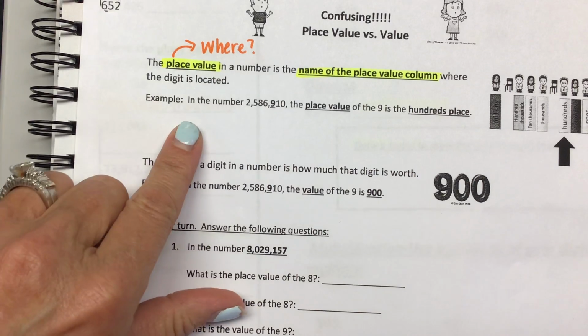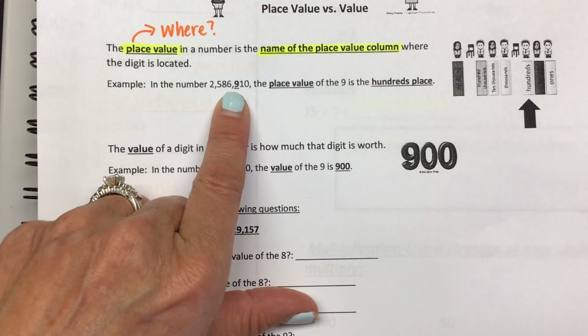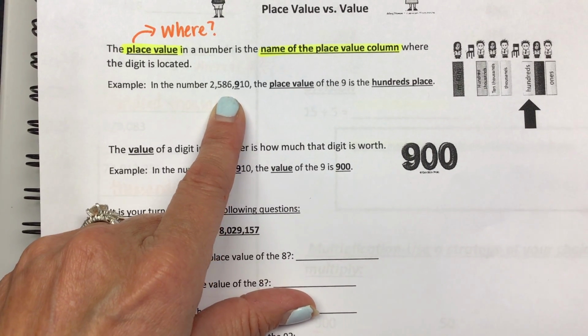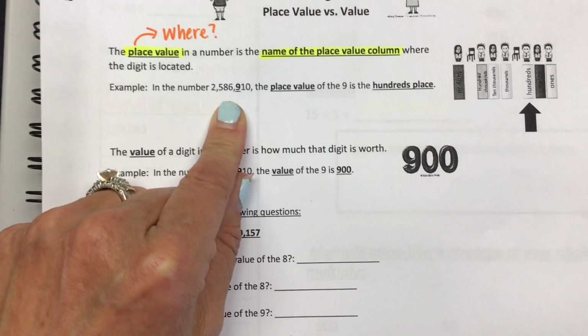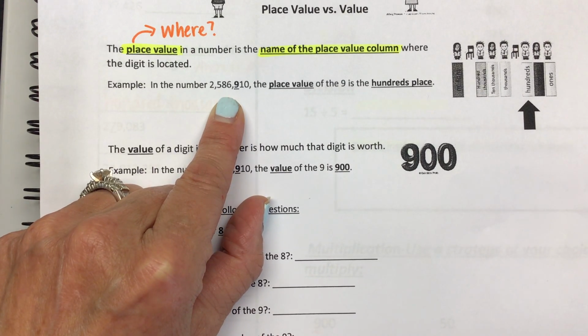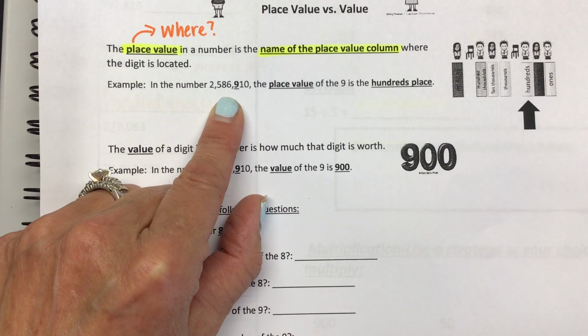Okay? So, the example here is in this number, and let's go ahead and read that number together. Who can read this number? Who feels confident in their number reading abilities? Addie? Excellent.